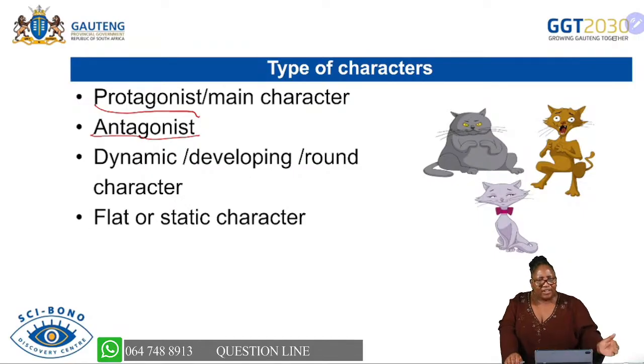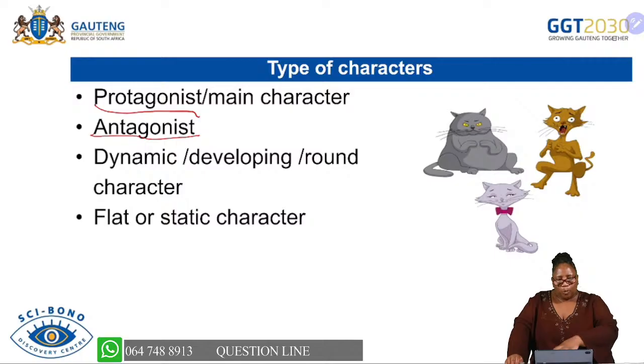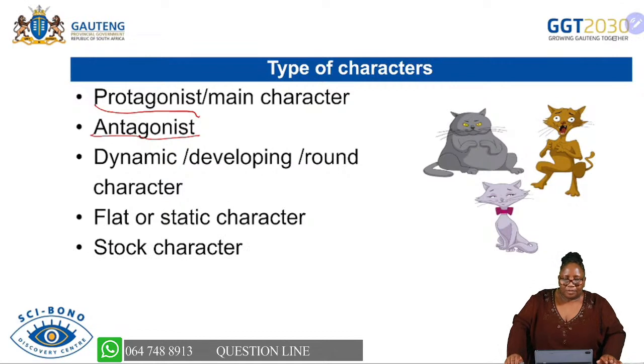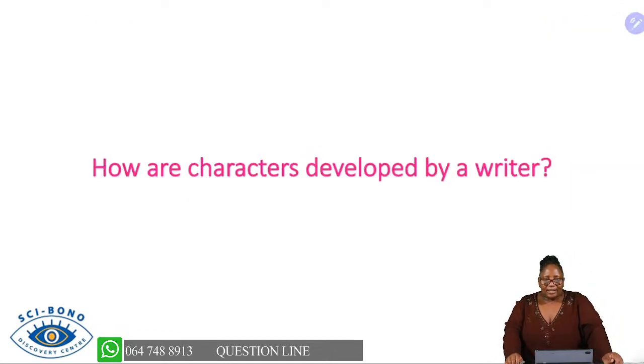As the story develops, we see characters starting with a particular viewpoint, and they grow and they become dynamic characters. But there are other characters who are just flat or static, they do not change. And then we also have stock characters.